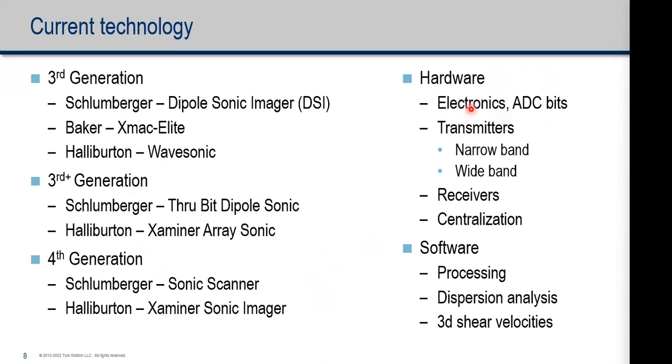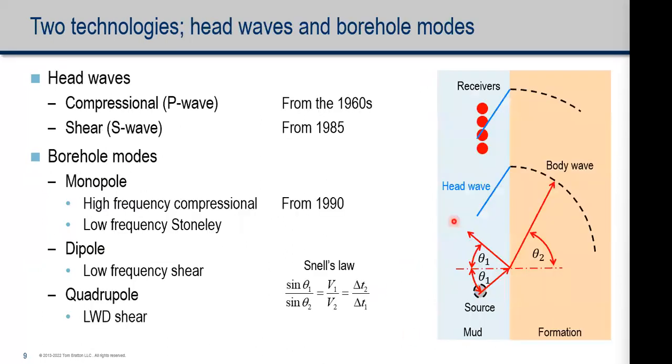The differences are typically in the electronics: the analog to digital conversion, the number of bits that we're able to capture today is quite a bit more than we did in the past. The transmitters are different over the different generations. The centralization is improved today, and then there's software as well.